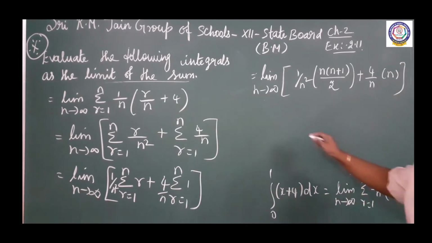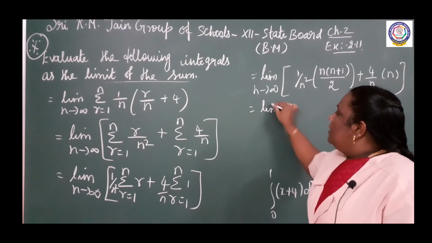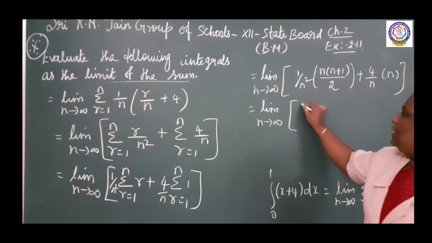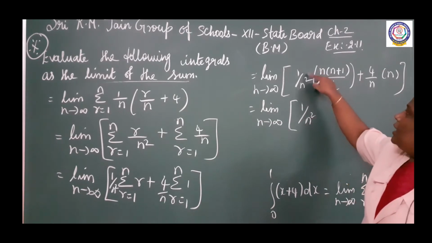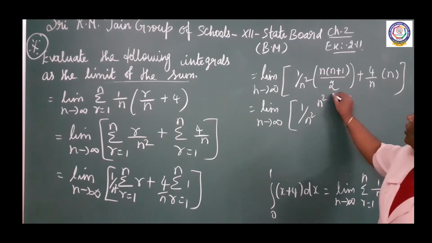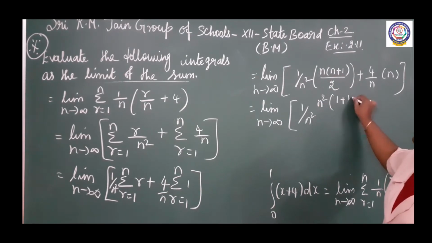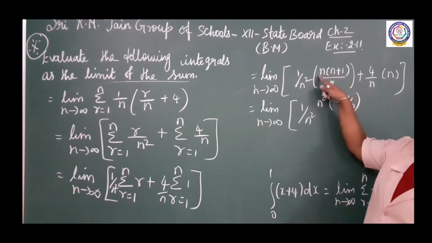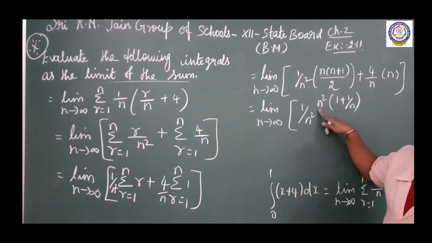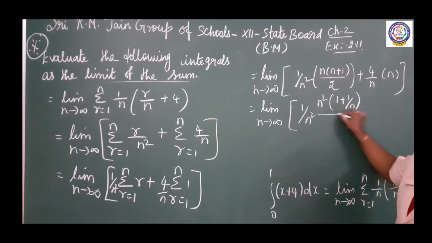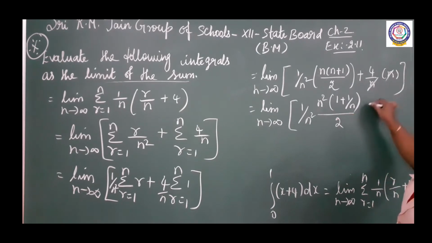n. So it gives limit n tends to infinity, 1 by n square. You can take n out, n square is 1 plus 1 by n. See here, I can take this n commonly out, n into n becomes n square, but the n term is not there, so you will write it as 1 by n by 2, here n gets cancelled, plus 4.